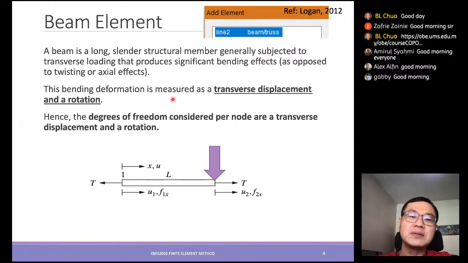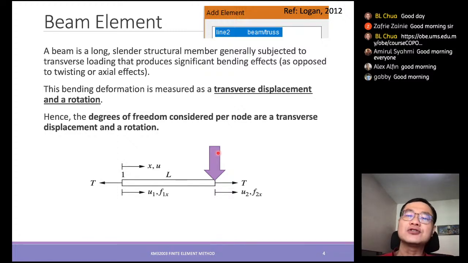For sure the beam, as we learn from the strength of materials, is related to a structural member, a straight structural member. We usually say it's long and slender, and it is subjected to a transverse load. If it is subjected to a transverse load, we usually call that a beam itself.